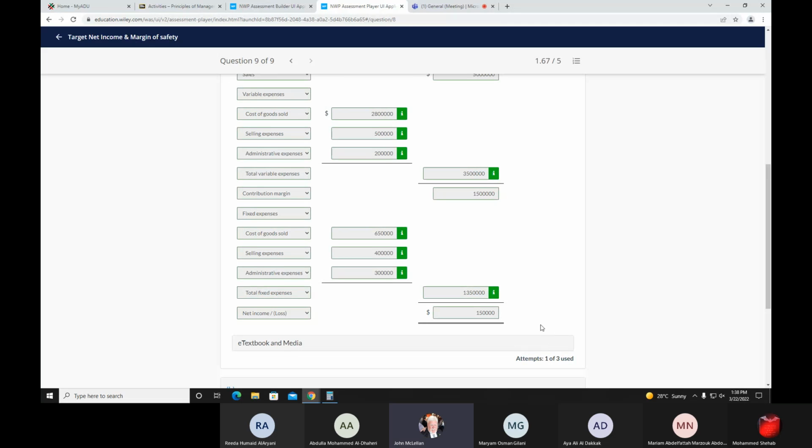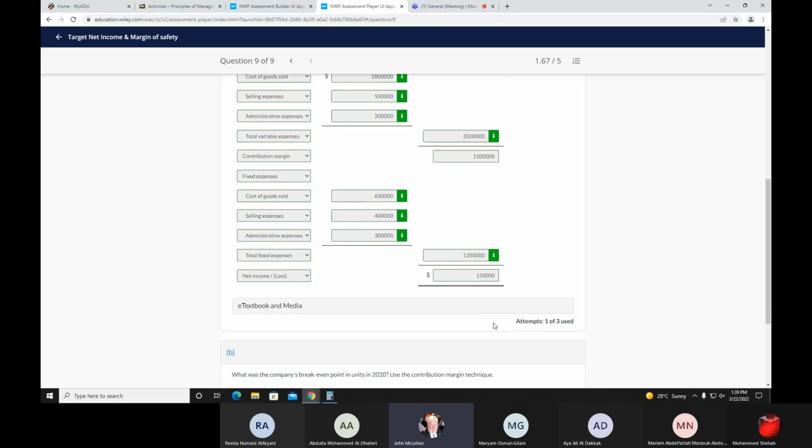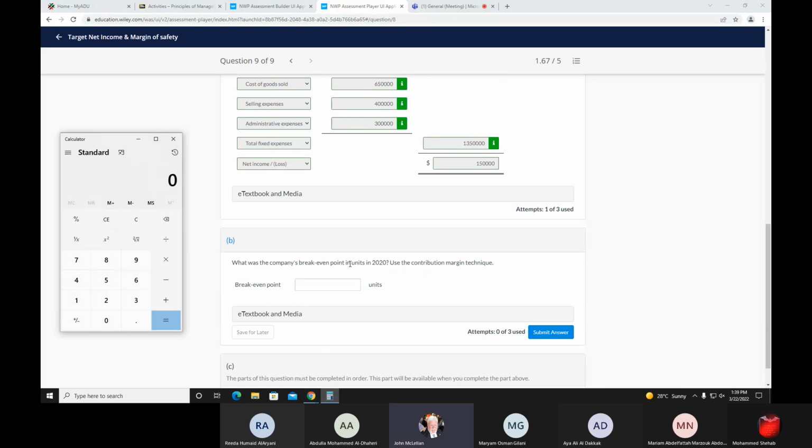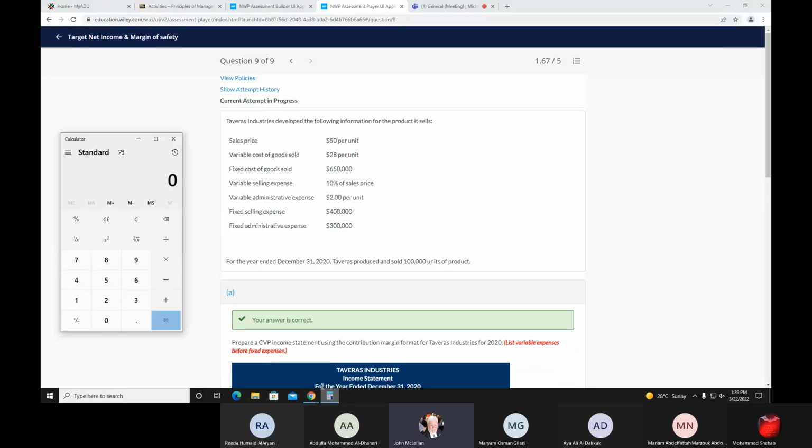Good. Now they want to break even in units. So you need the contribution margin per unit and you need the fixed costs. The contribution margin per unit is selling price minus variable cost of goods sold, minus the 10% of selling price, minus the $2 per unit. 15.